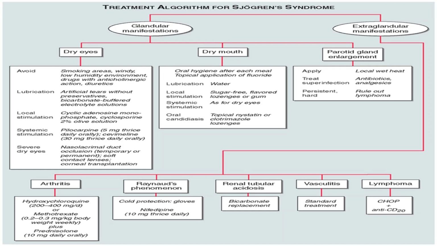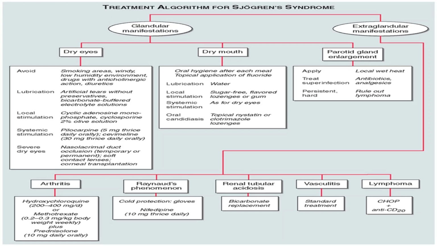Lubrication: artificial tears without preservatives, bicarbonate buffered electrolyte solutions. Local stimulation: cyclic adenosine monophosphate, cyclosporin 2% olive solution. Systemic stimulation: pilocarpine 5 mg thrice daily orally, cevimeline 30 mg thrice daily orally.